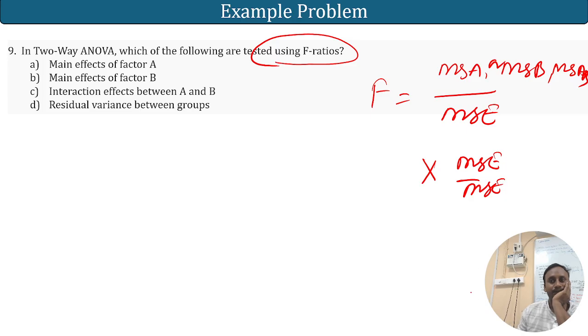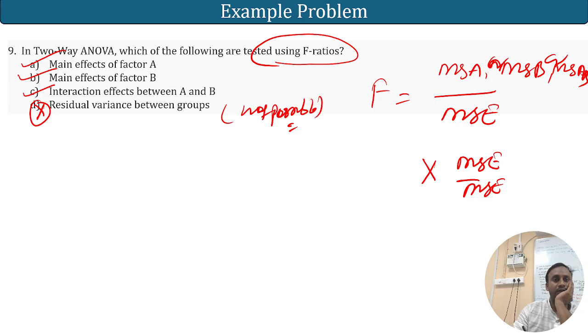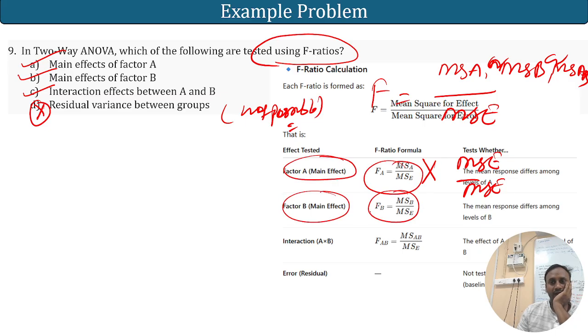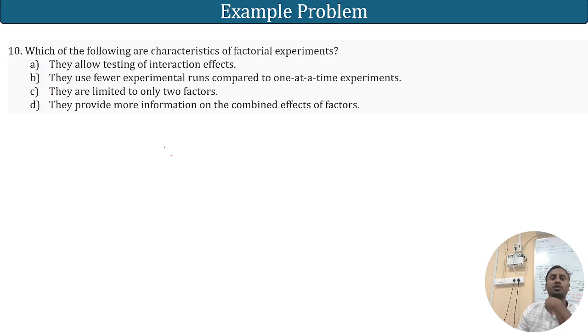So the first option is correct, second is correct, third is correct. This can't be the answer, so that 3 is the answer. We can see here the similar way that we are doing now, effect A, B.